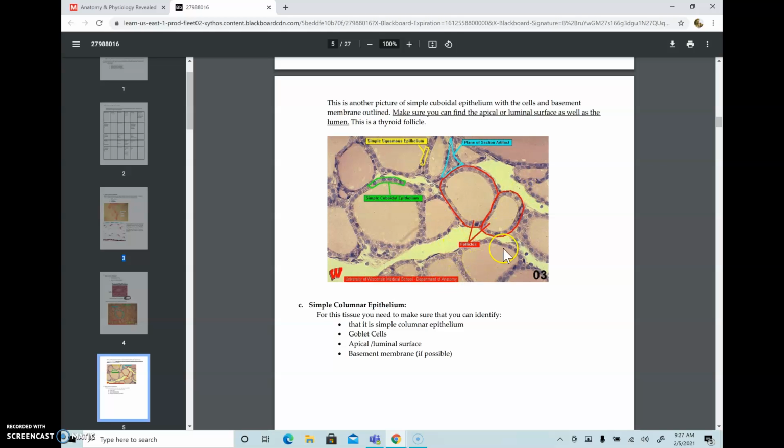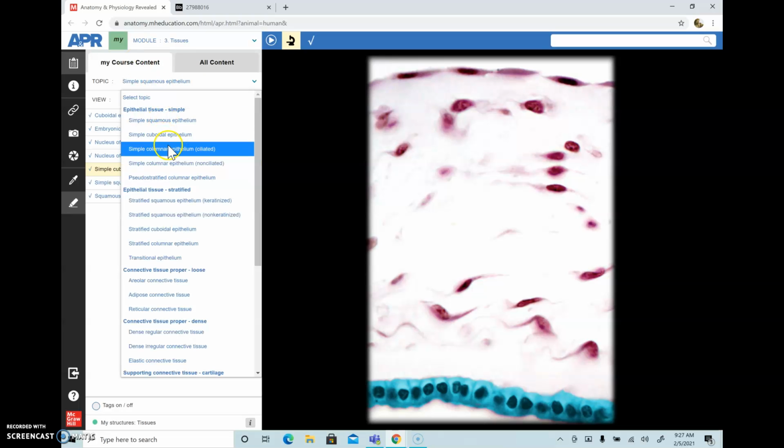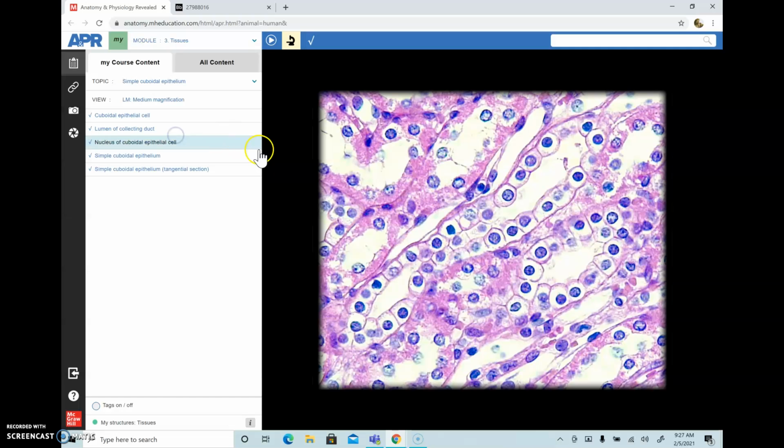They line tubules, ducts, and cavities. So you find them in the thyroid gland, you'll find them in the lumen of the kidney, etc. Now, in the kidney, you'll also find simple cuboidal epithelium which contain a brush border or microvilli, meaning in the kidney you might find tiny bristle-like structures, because what's going on in the kidney?